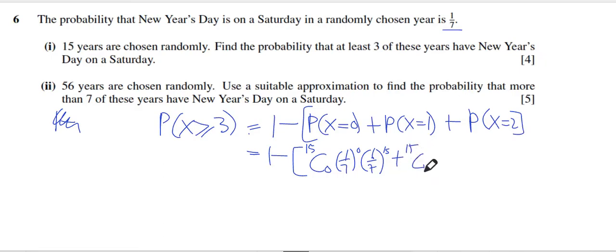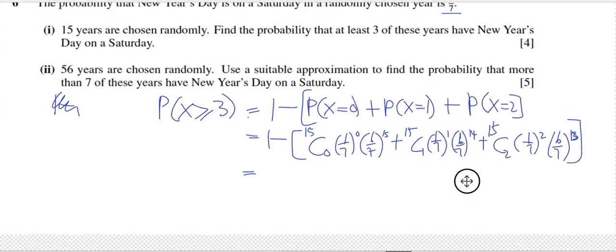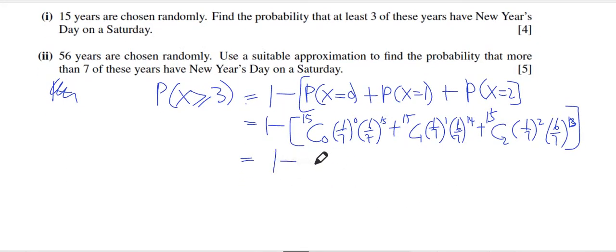Plus 15C1, 1 over 7 to the power of 1 times 6 over 7 to the power of 14, plus 15C2, 1 over 7 to the power of 2 times 6 over 7 to the power of 13. The answer that I have for this is 0.6354884105. That's a lot, but you don't have to write the whole thing.